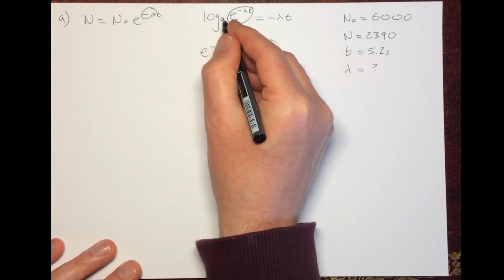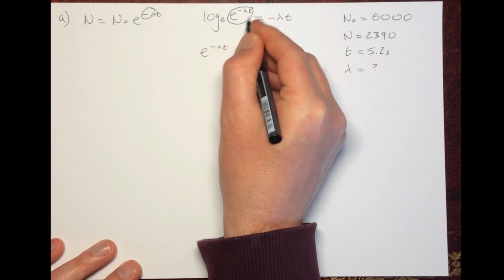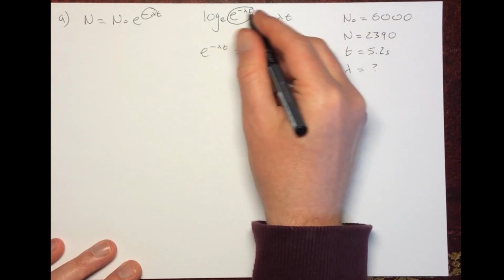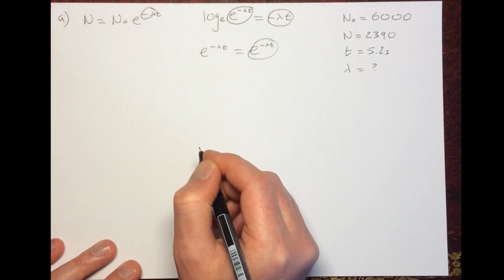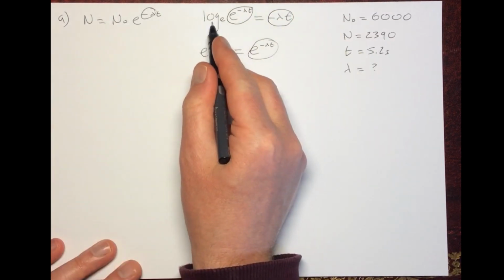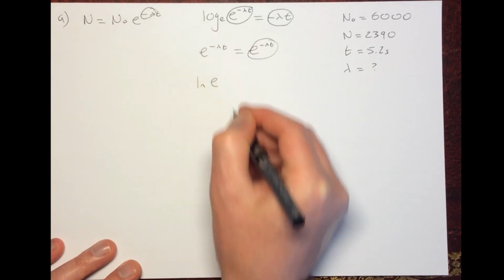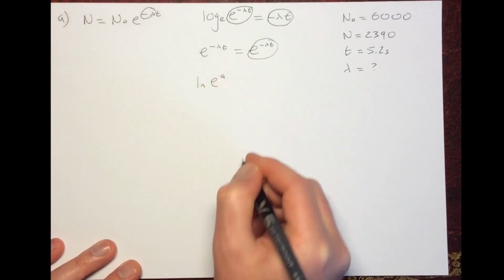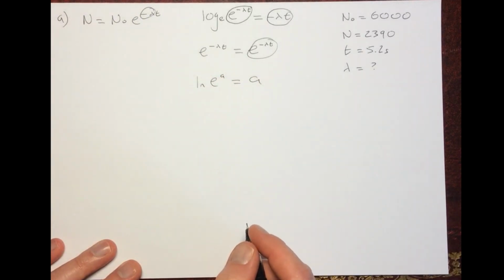But what value do I need to raise e to, to get this answer? Well, hopefully you can see I need to raise it to minus lambda t. So it's really important to be aware that when you natural log an exponential function raised to a certain power, the answer is just the power.